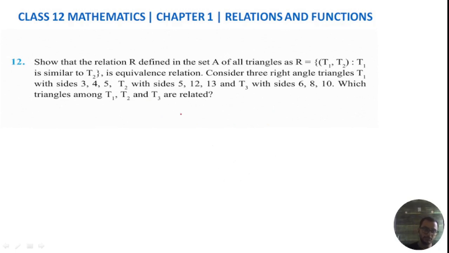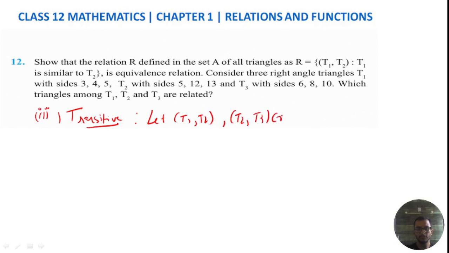Now let's show transitive. Again, transitive, the same way. Let (T1, T2) and (T2, T3) belong to R, which implies T1 is similar to T2 and T2 is similar to T3.